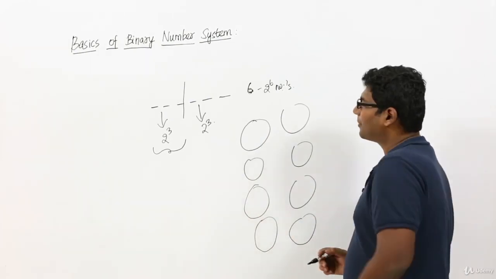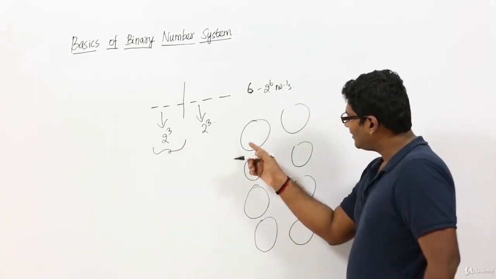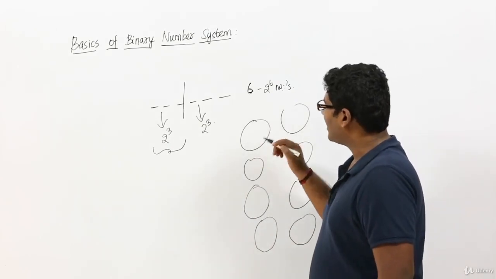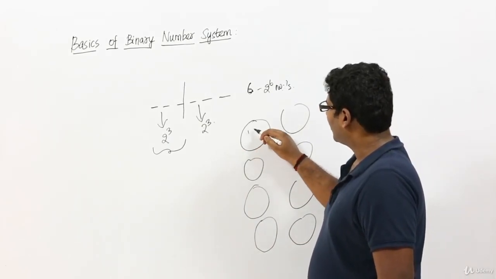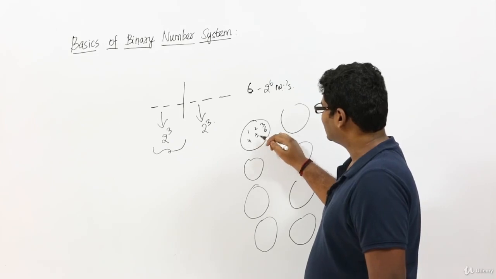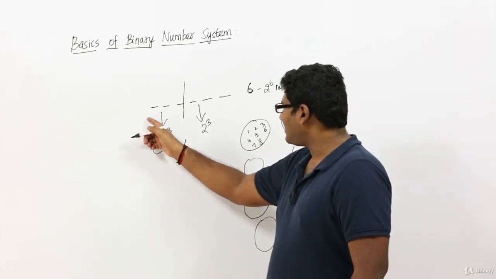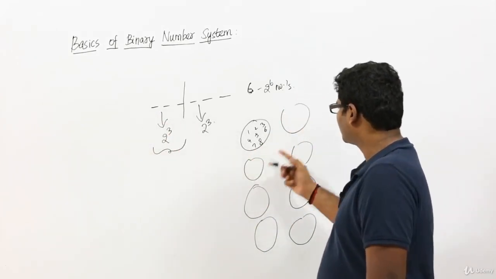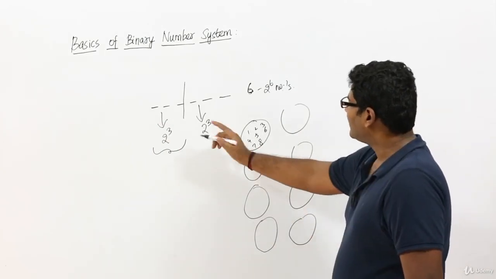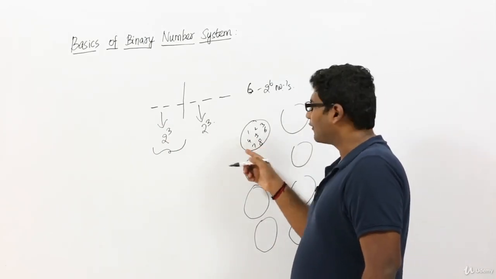Within each group there are 8 numbers. This 8 is nothing but 8 groups, and this 8 is nothing but the 8 numbers within a group.